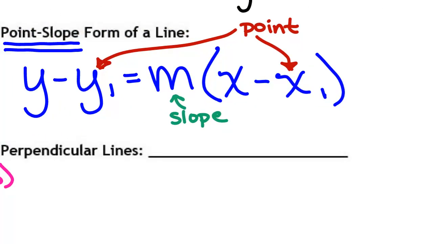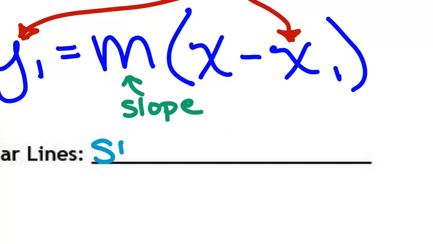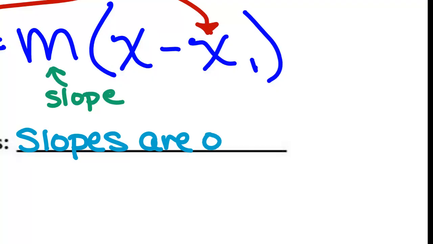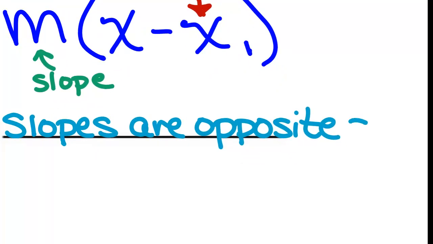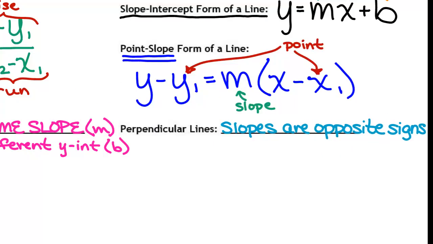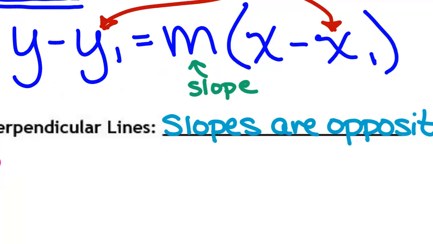Perpendicular lines, the slopes are opposite signs. All right, thank you. Slopes are opposite signs and reciprocals.